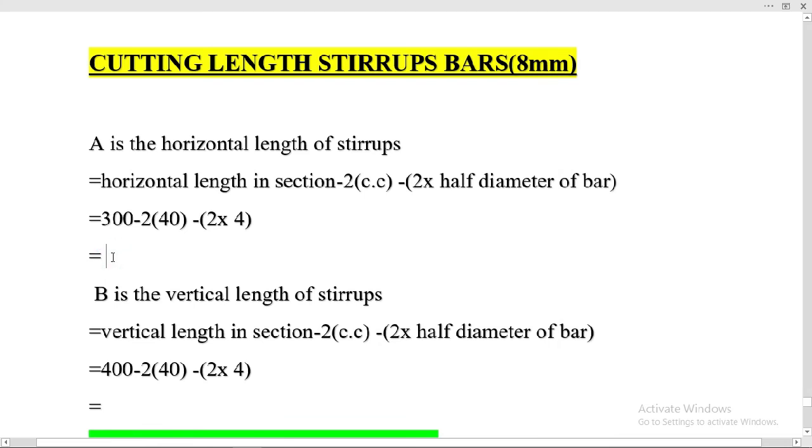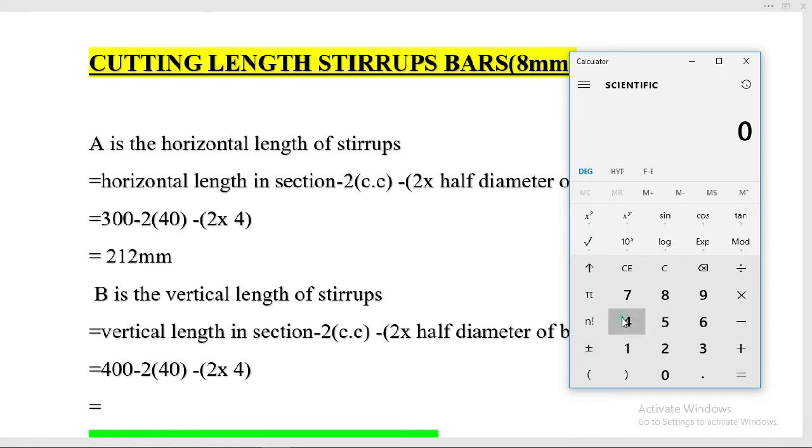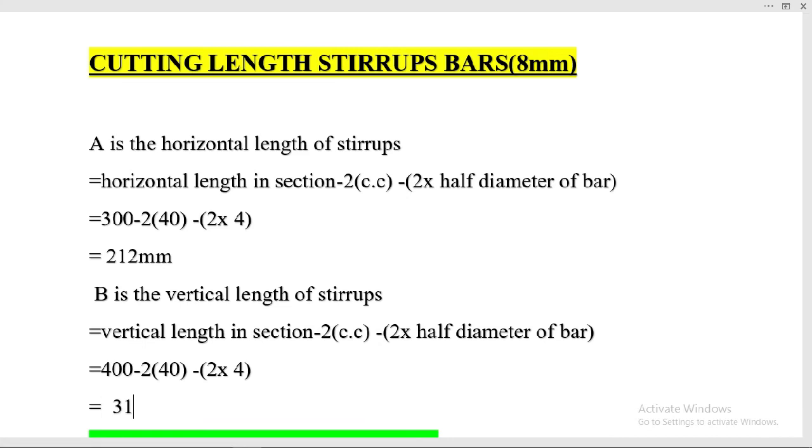So horizontal length of the stirrup is 212 millimeter, and the vertical length of the stirrups, let me calculate it on the calculator. 400 minus 2 into 40, 80, minus 2 into 4, 8, minus 8, 312 millimeter is the vertical length of one stirrup. Let's move further.